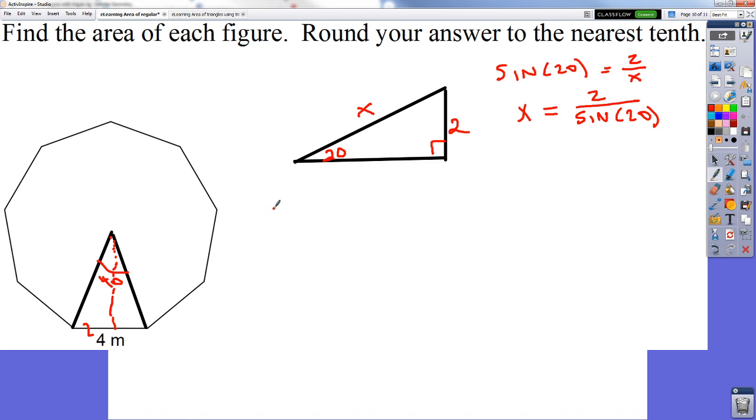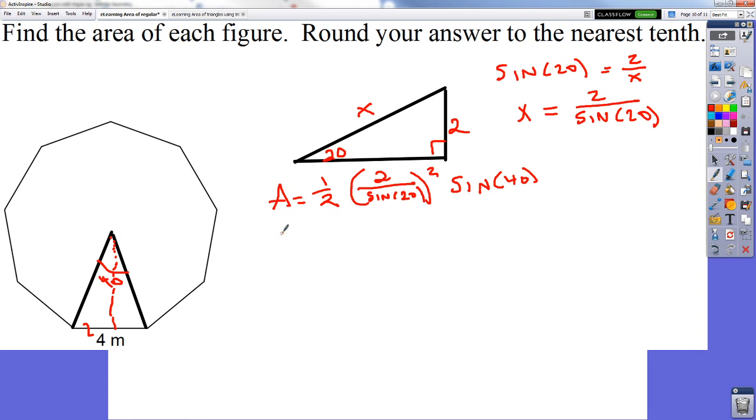So one triangle area equals 1/2 times 2 over sine 20, squared, times sine of 40. Should close all your parentheses.